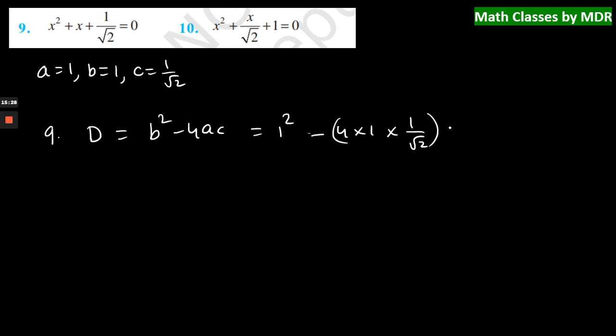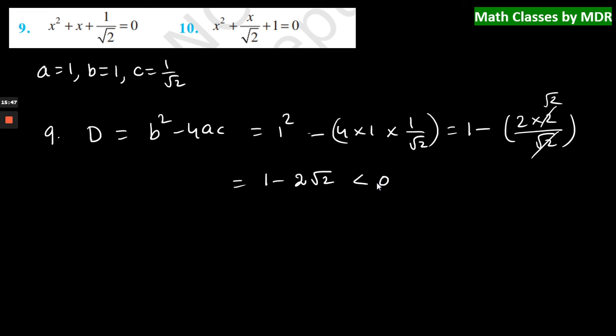So this will be equal to 1 minus 4, and I can write 4 as 2 into 2, so 2 into 2 by root 2. So the root 2, when you cut from one of the 2's here, gives you 1 minus 2 root 2. So 1 minus 2 root 2 is less than 0, because 2 root 2 is greater than 1, so you will have negative values.